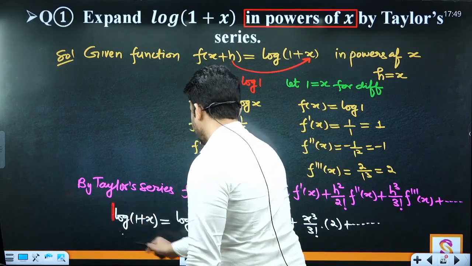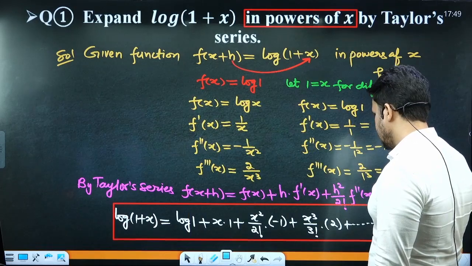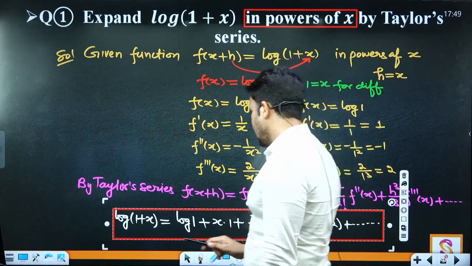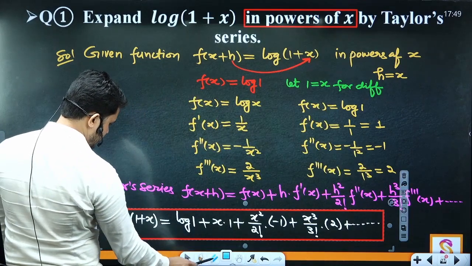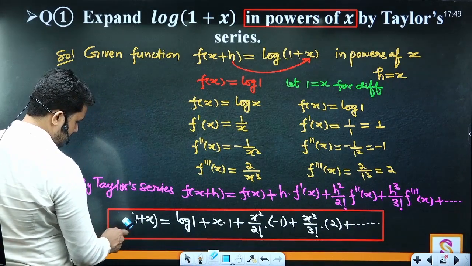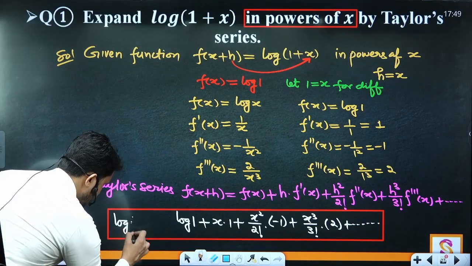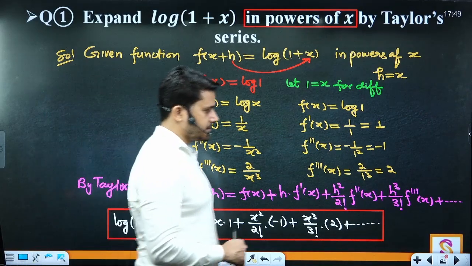तो इस तरह से आप इसका एक्सपेंशन कर देंगे, ठीक है. दिस इज द एक्सपेंशन ऑफ log 1 plus x in terms of x, this is log 1 plus x is equal to, ठीक है.